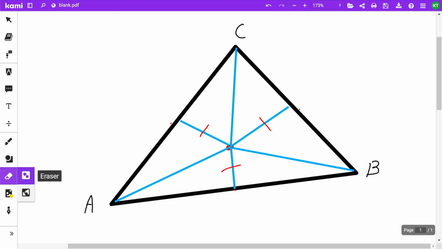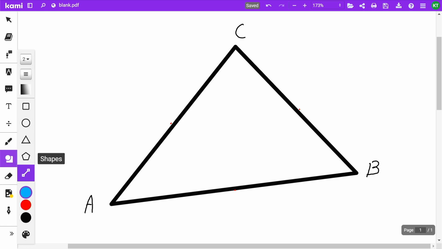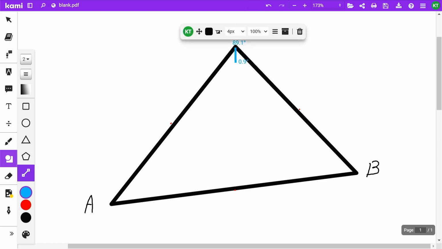So that is circumcenter, and we've also done incenter. The next one we're going to do is centroid. So let's erase these. Centroids are created by medians, and medians go from one of our vertices, so let's say from C, to the midpoint of its opposite side.